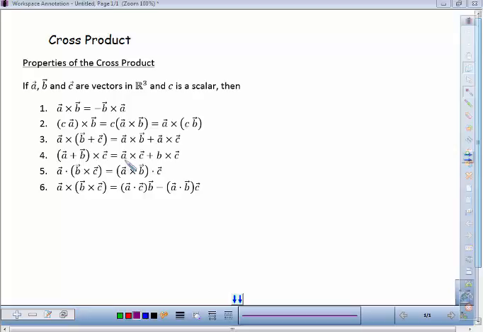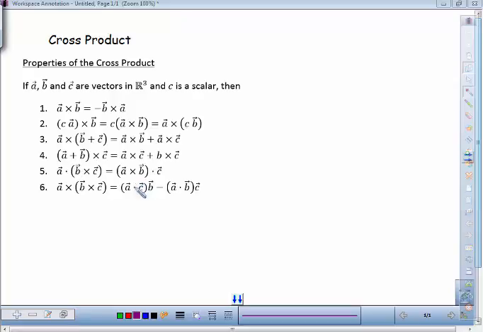And then the last one was kind of trying to show you the association. Not that I think the cross product is an associative property, but they're not discussing that here.